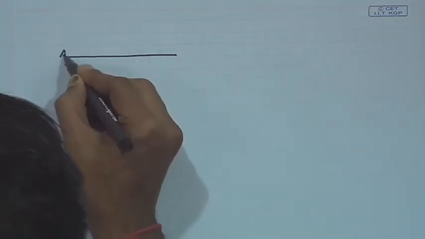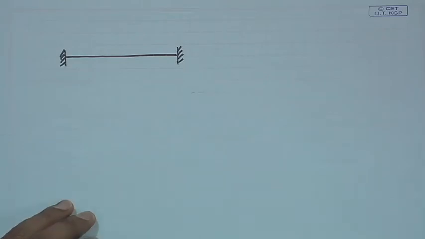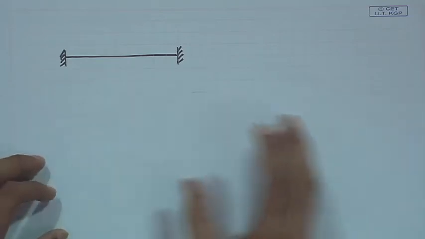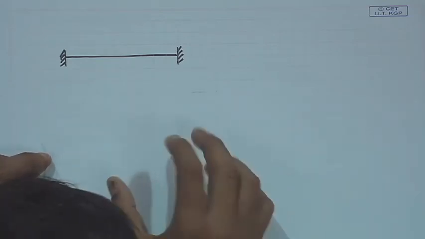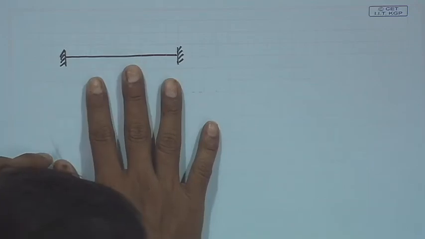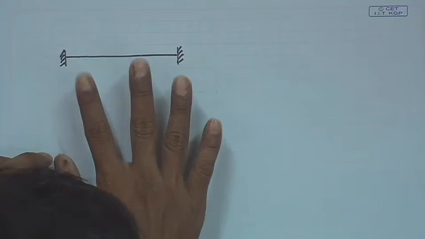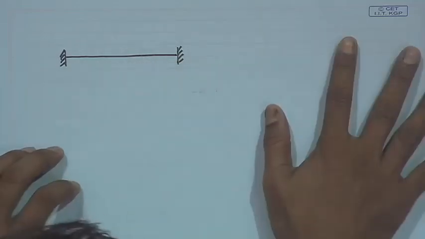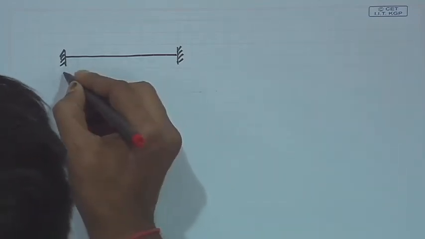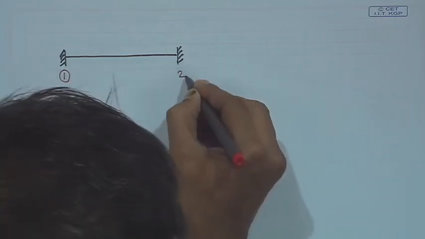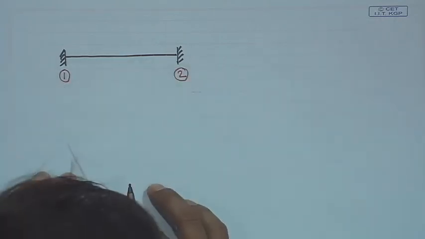So this end is fixed and this end is fixed. The entire beam is now divided into small sub beams, and this is one such small segment. We are going to derive the force displacement relation for this segment, and a similar relation can be obtained for all segments, and then we can assemble them. First, suppose this is point number 1 and this is point number 2, similar to the truss case.